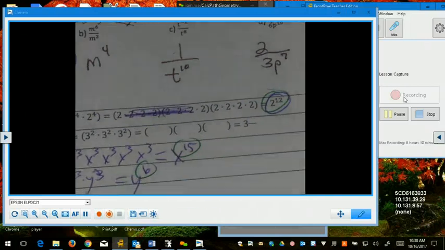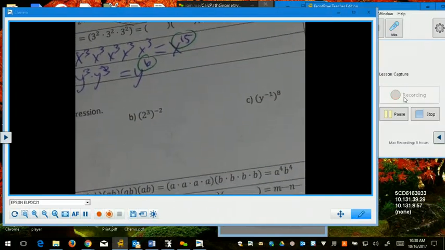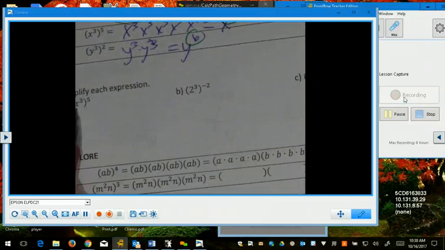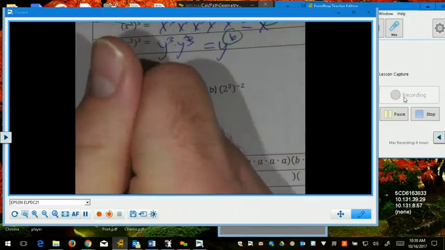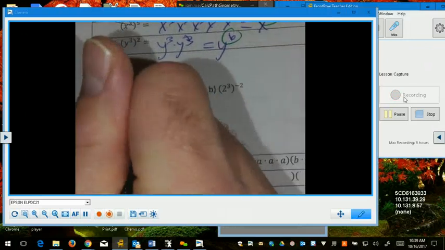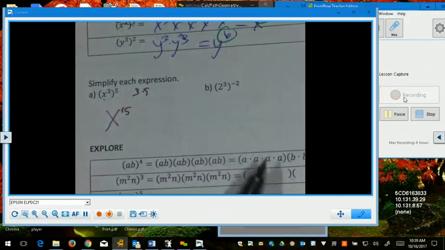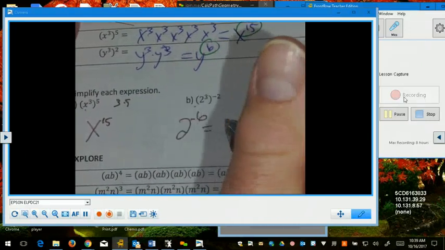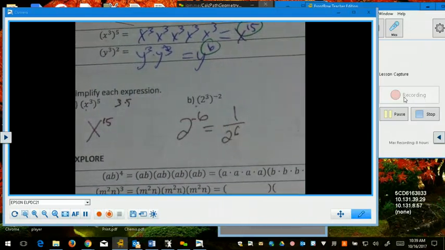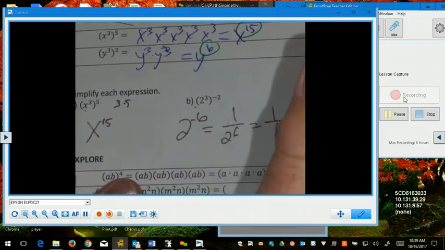So we're going to go back to our main notes where we have our examples and our explorations. We have x to the third raised to the fifth. That's 5 factors of x cubed, which is x to the what? 15th, because I just do 3 times 5. Here, this would give me 2 to the negative 6th, which would become 1 over 2 to the 6th. And 2 to the 6th is 64.